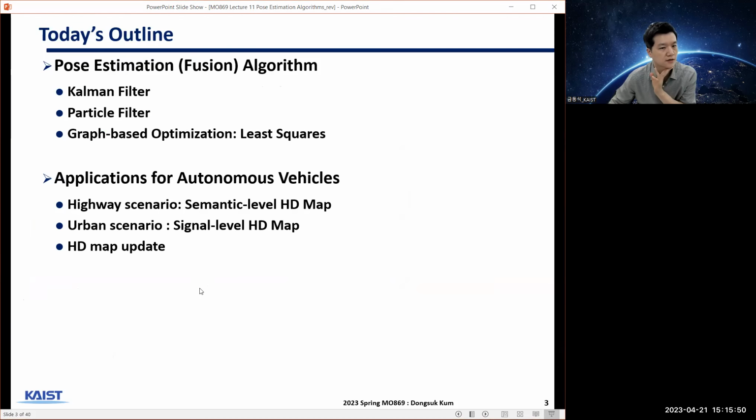So today, like I just mentioned, I will cover pose estimation algorithm and then how that is applied to autonomous vehicles.